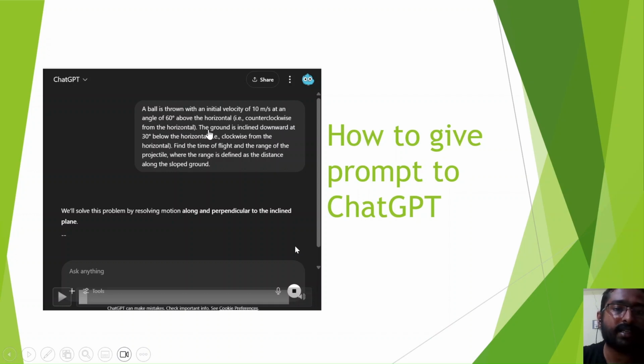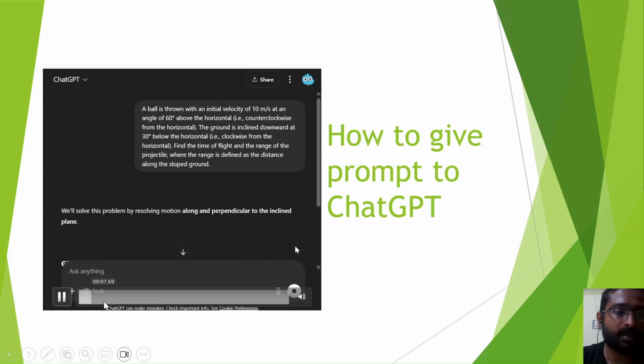In the next line, the ground is inclined downward 30 degrees below the horizontal, with the clarification that it is clockwise from the horizontal. Find the time of flight and range of the projectile. I also clarified that range is defined as the distance along the sloped ground. In this way, ChatGPT won't make a mistake.